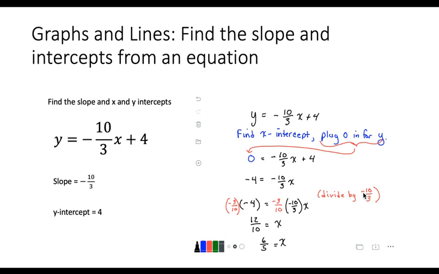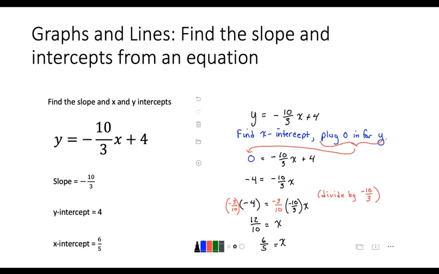When we're dividing by a fraction, remember we're multiplying by the reciprocal. So we're going to multiply both sides by -3/10. When we do that, -3 times -4 is +12. So we have 12/10 is equal to x. When we simplify 12/10, we get 6/5. And so the x-intercept is 6/5.